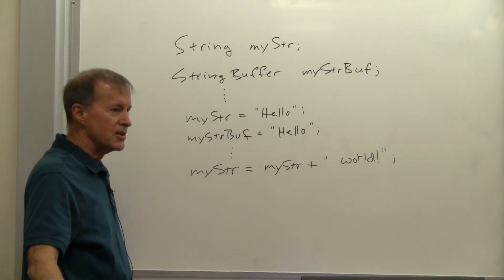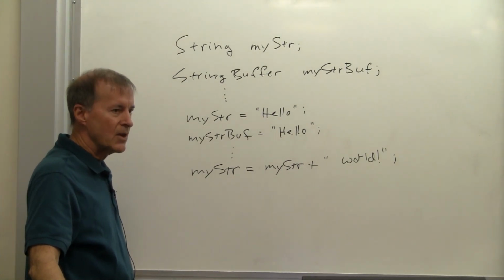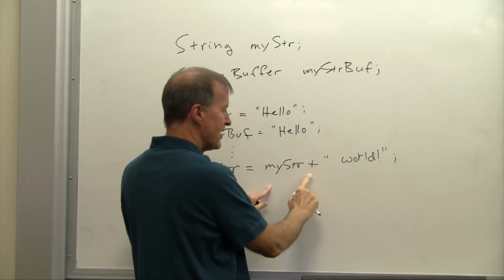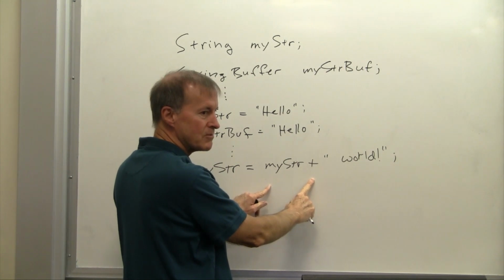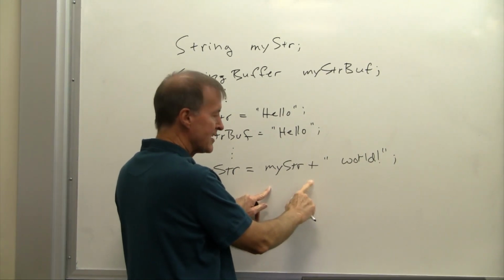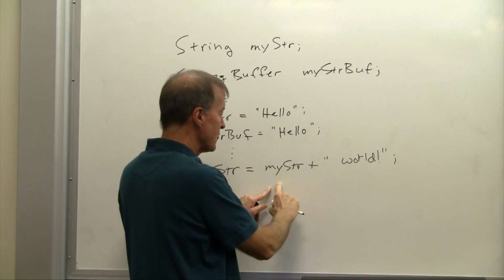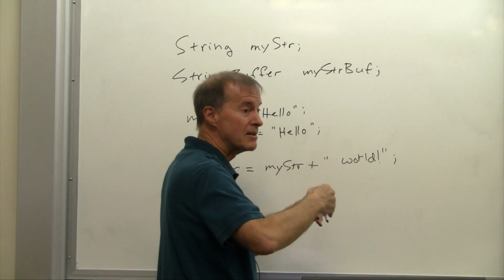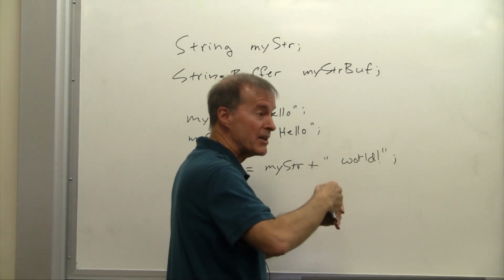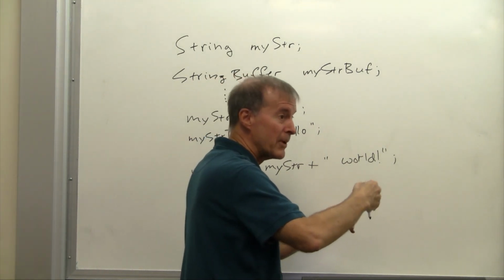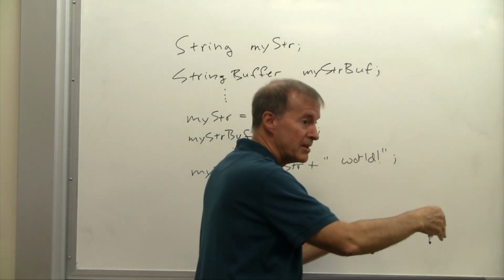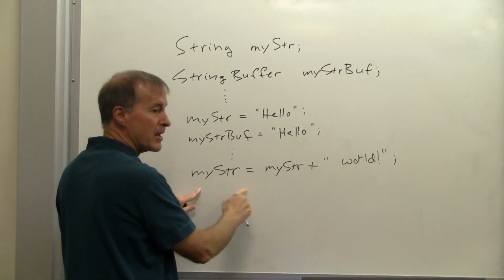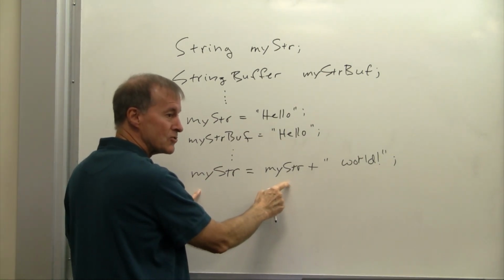This is not mutating myString. It's taking the original value of myString, and this plus in Java is concatenation. When it's between two strings, it concatenates them. So it will make a copy of the original value of myString, and then append "world" onto that copy. Then the original value of myString will be thrown away and replaced with that newly constructed string.